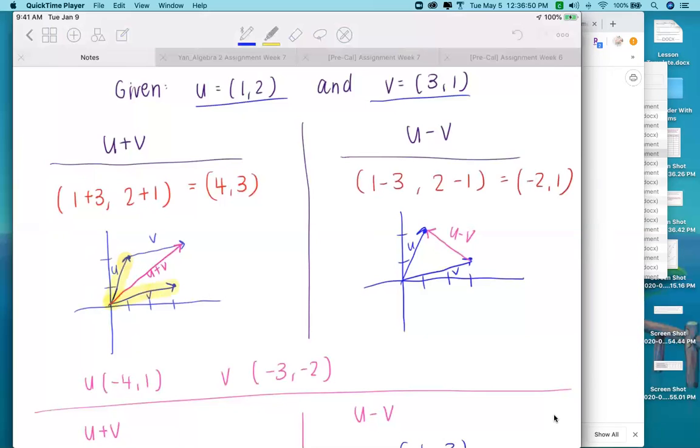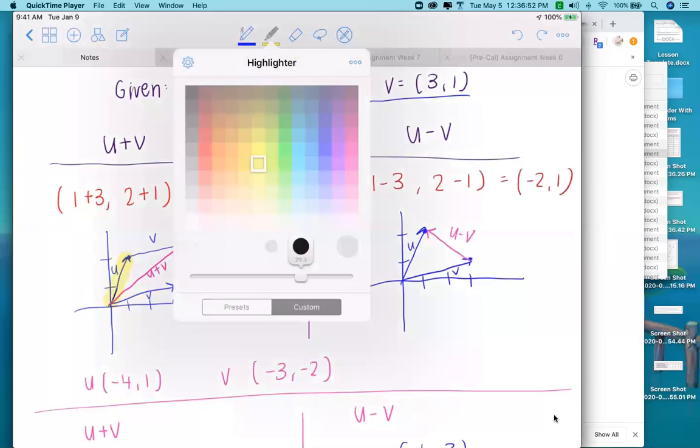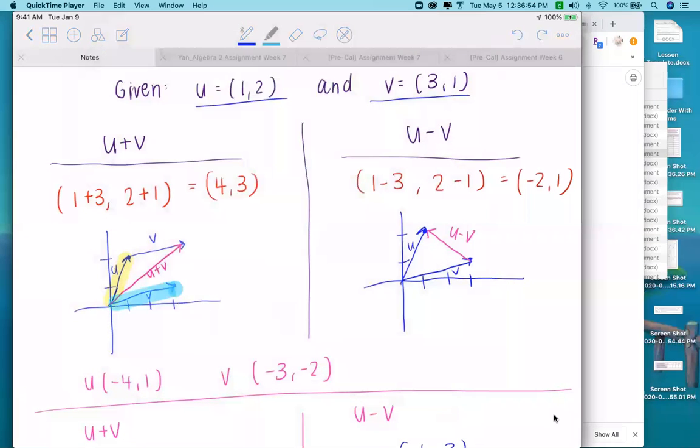Then I redraw my V up here, so I can connect the origin to the arrow of V to draw U plus V.